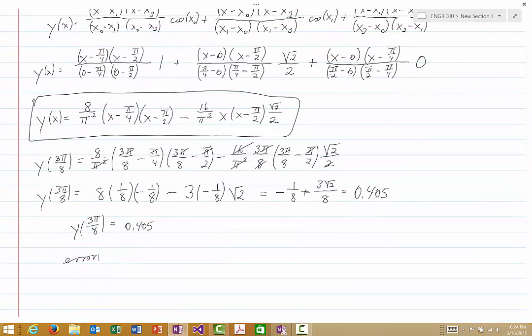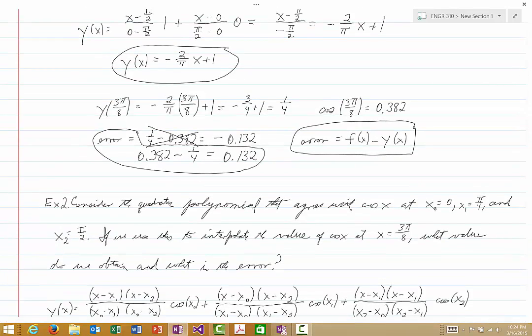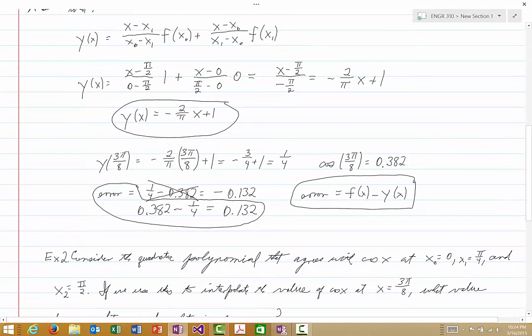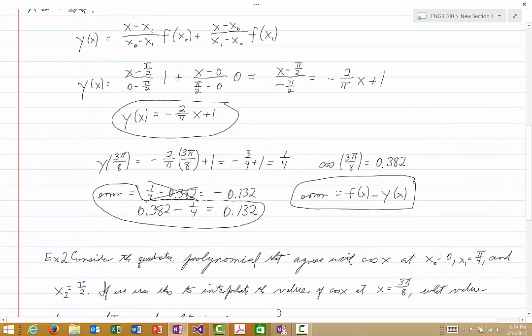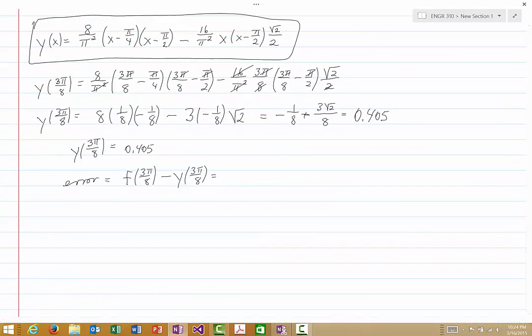So we'll get f of 3 pi over 8 minus y of 3 pi over 8. And of course we've already calculated f, remember, is cosine, and we've already calculated the cosine of 3 pi over 8 right here. It is 0.382.